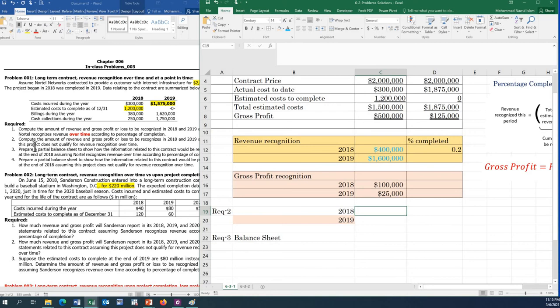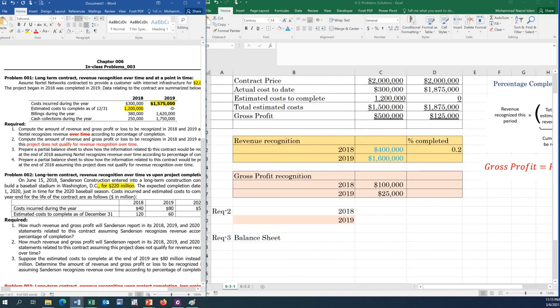The requirement is asking how much revenue and gross profit would be recognized in 2018 and 2019 if the project does not qualify for revenue recognition over time.